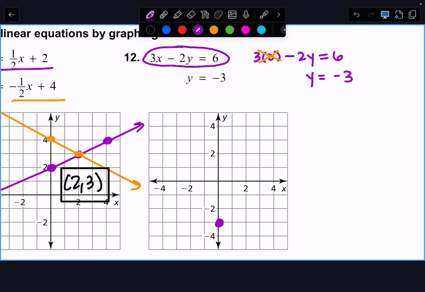We can plug 0 in for y. What's 2 times 0? So our x-intercept is 2. Okay, that is the second method that we learned to graph lines.